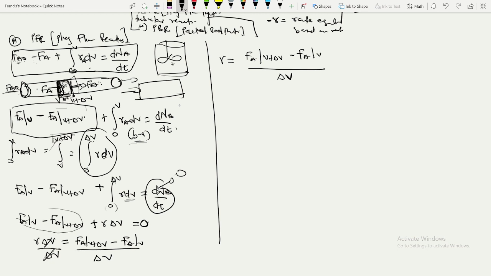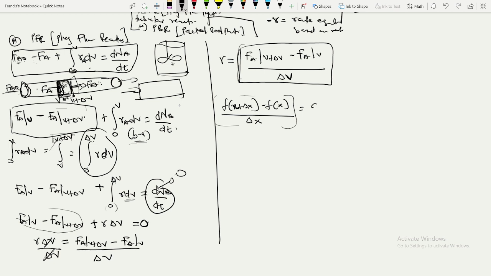Now when you look at this, it mimics a differential term. For differentiation, we know that there's always f of x plus a certain change in variable, minus f of x, all over change in x, right? This is actually equal to df over dx, and this mimics this.